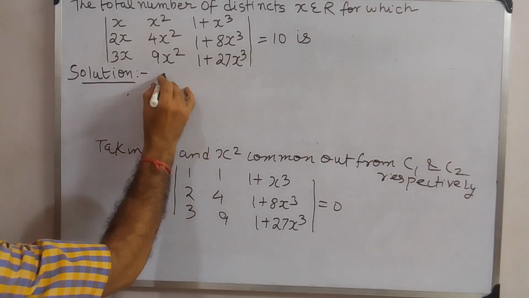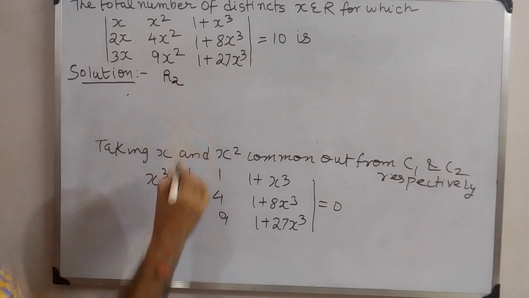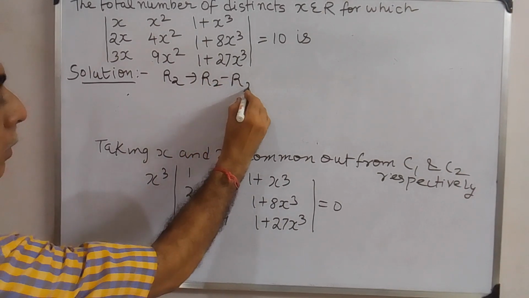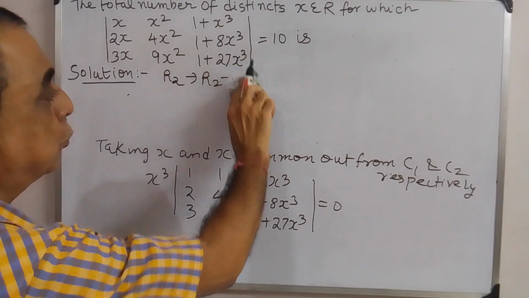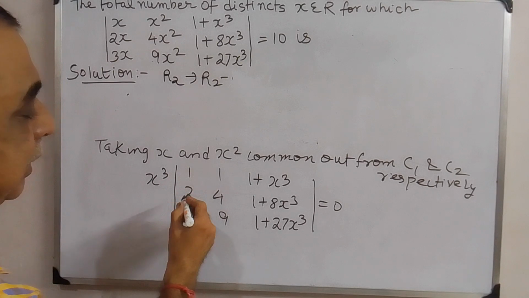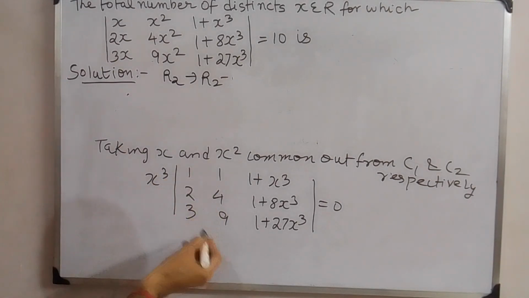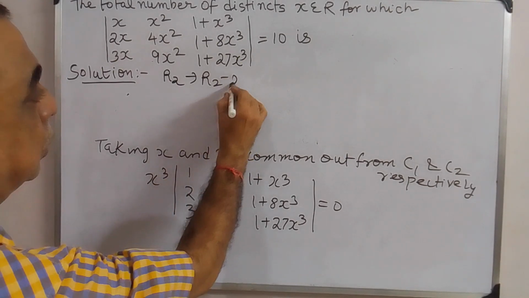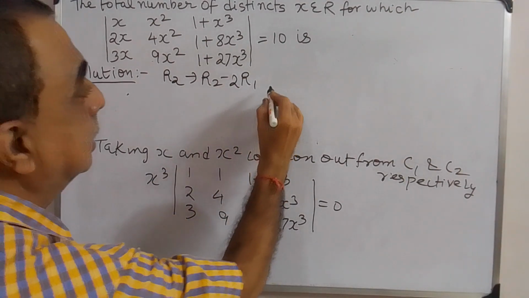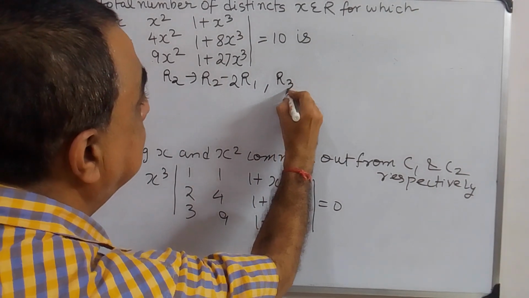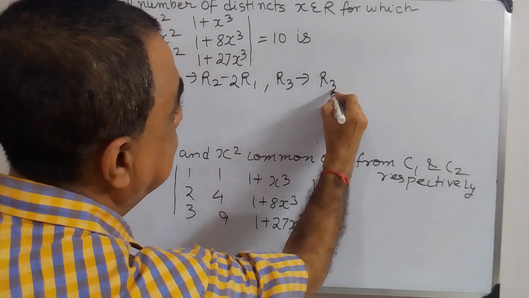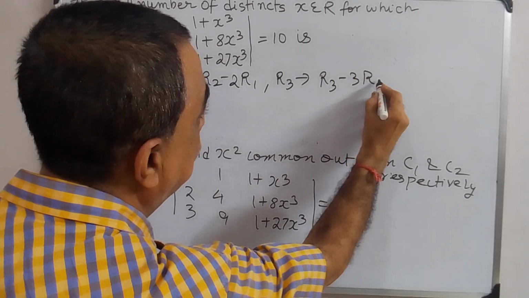From row 2, I subtract 2 times row 1, and from row 3, I subtract 3 times row 1.